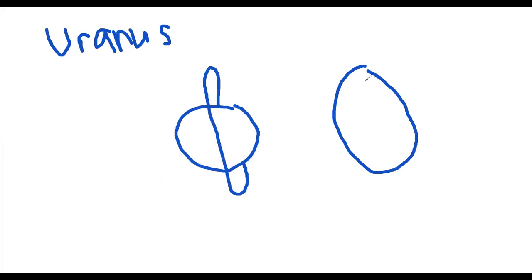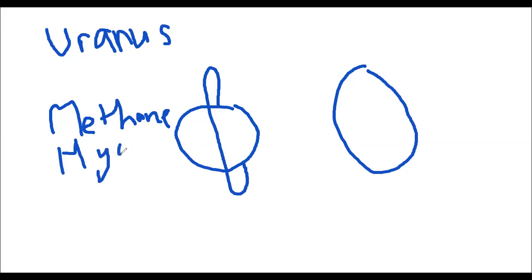Uranus has this tealish bluish color because it is mainly made of methane, hydrogen, and helium. It does not have nuclear fusion, if you want to know, because if it did, Uranus would be making big blasts and explosions like the sun.